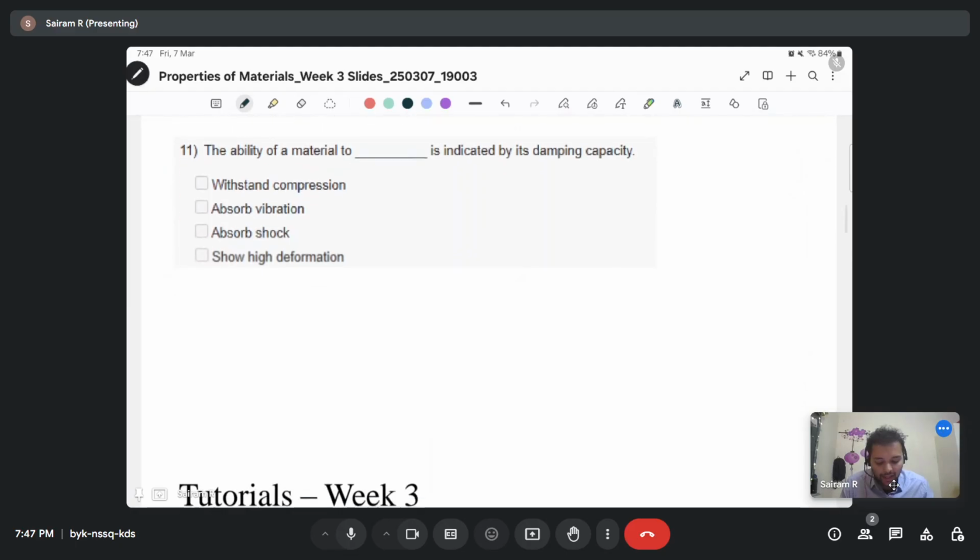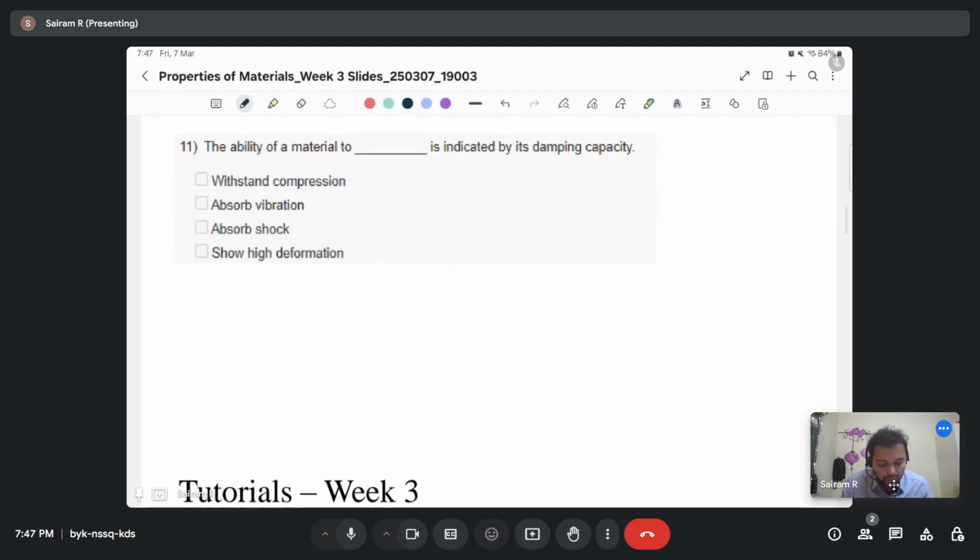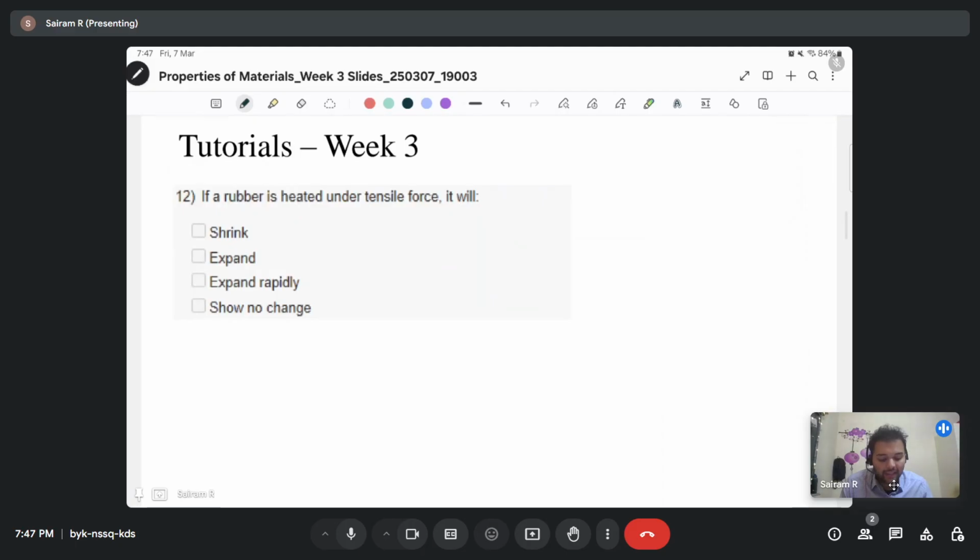The 11th question: the ability of a material to dampen is indicated by its damping capacity. As we know, damping capacity indicates the ability of a material to absorb vibration and shock. If a rubber is heated under tensile force, it will shrink. Why?